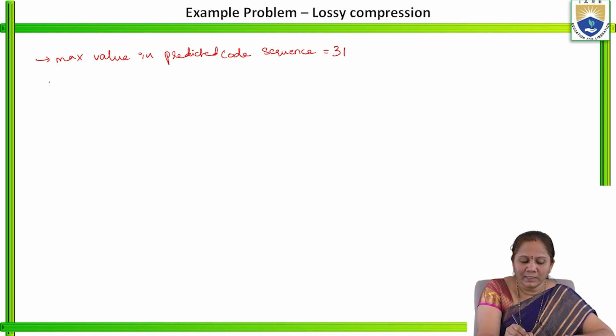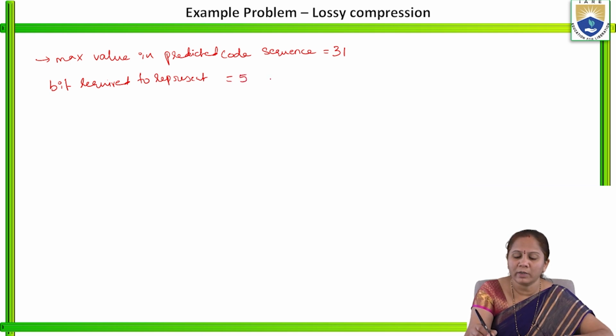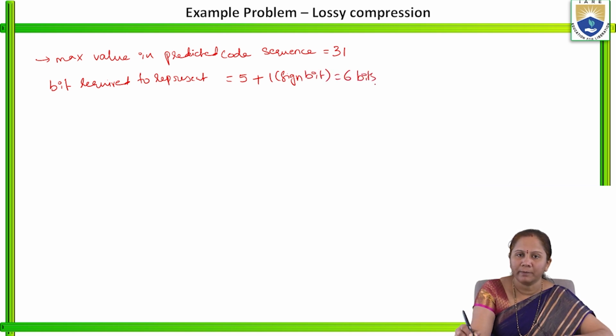Okay. And next, the bits required to represent: generally 5 bits are required, plus one more bit, the sign bit. So totally 6 bits are required.